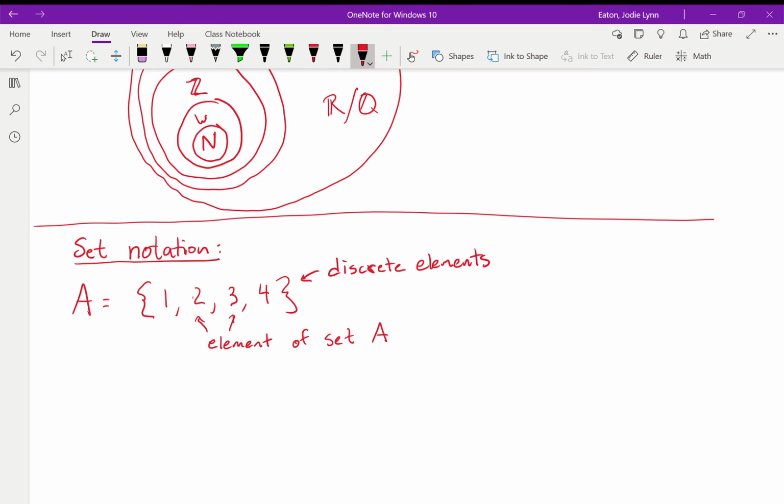Okay. Let's define another set over here, and we're going to define B as the set of numbers including 3, 4, 5, and 6.